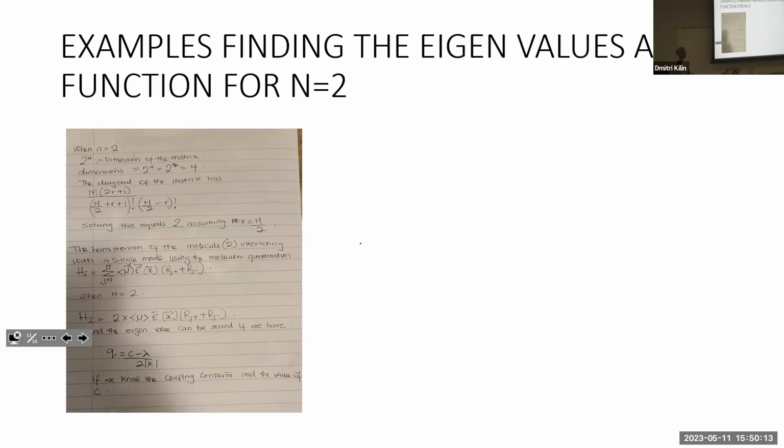If I have the units for this, I should be able to solve for the Hamiltonian of the interaction, and I could get the eigenvalues of the system by knowing the coupling strength, which is your K. Your C is mostly the same as your R, and your lambda is your eigenvalue. So if we know the coupling strength, we can find the value of C. And the eigenvectors can also be solved using the formula I showed previously here.